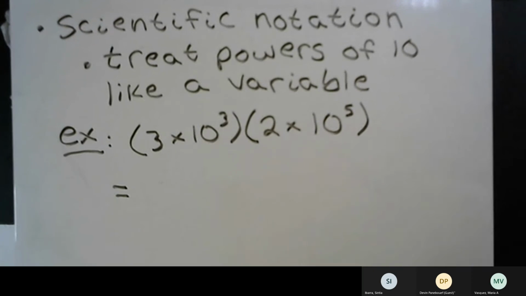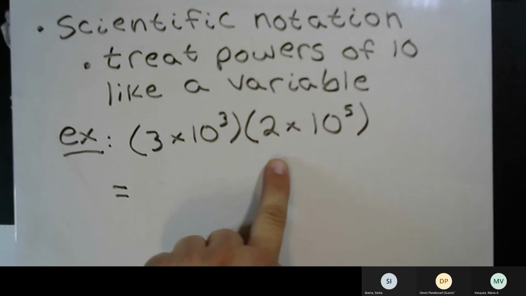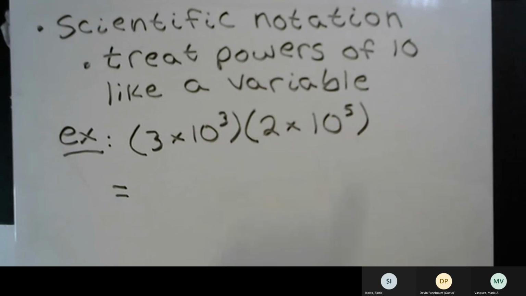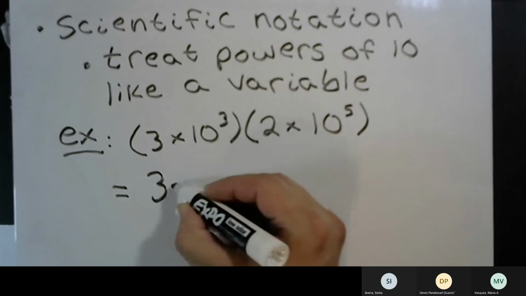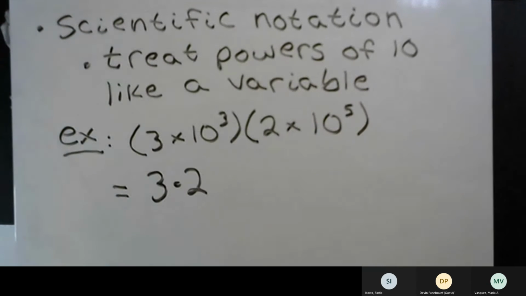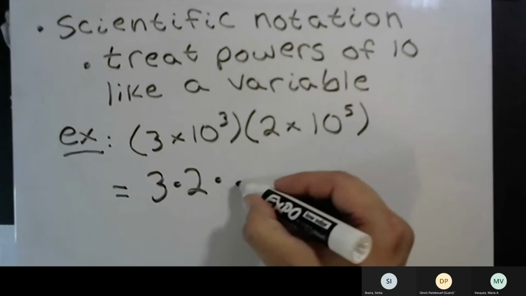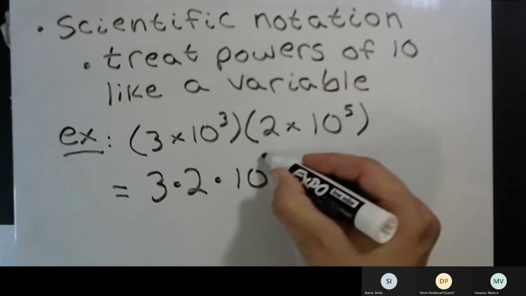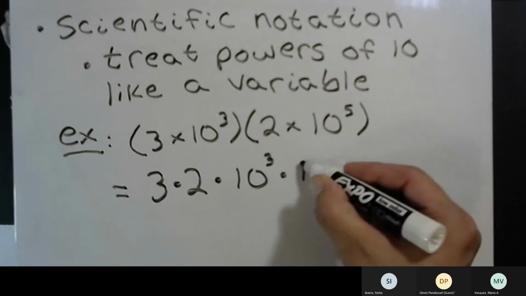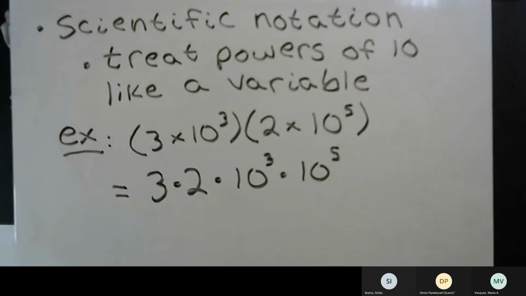Well, what we did before is we'd multiply coefficients, then multiply variables. So same thing here. We're going to gather our coefficient, so to speak, and then we have our variable part, or in this case, our powers of 10.